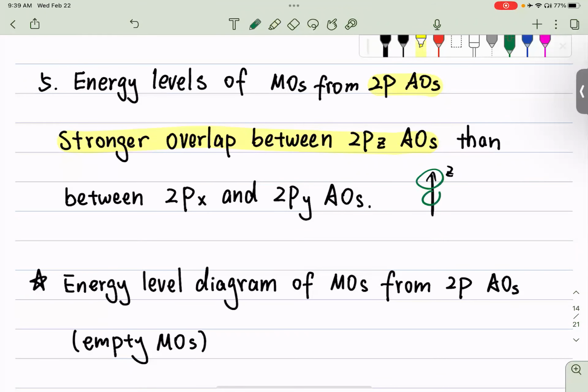Remember, in the 2pz, we have the molecular orbital directly pointing towards each other. We have more overlap. So that means we have more stabilizing factor in bonding MO.